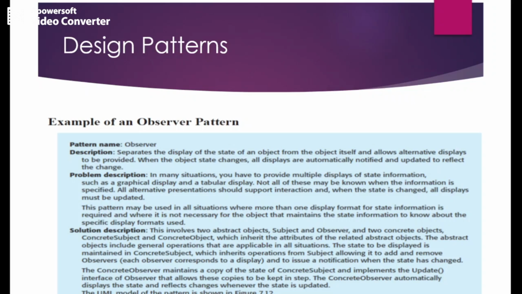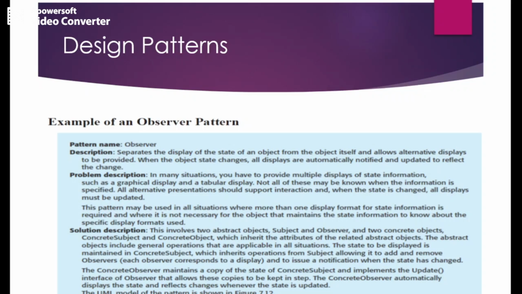And the consequences, the last element, is the consequence. The subject only knows the abstract observer. It doesn't know the details of the concrete class. That is the main thing.